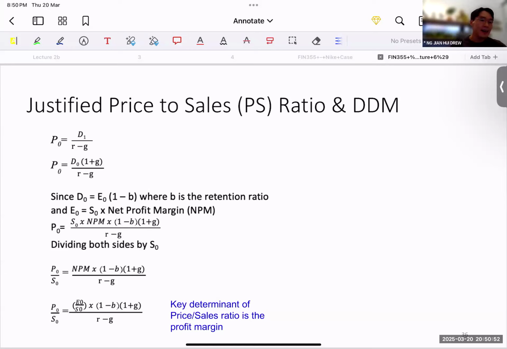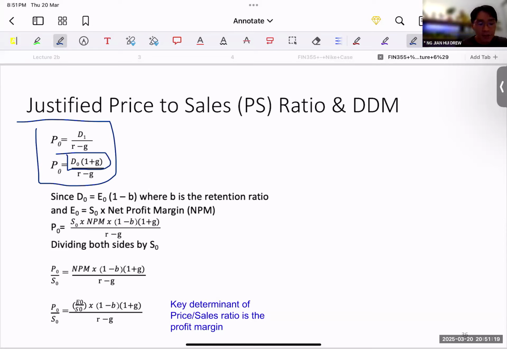So in the same sense, we like to determine the justified price to sales ratio. Our justified price to sales is derived from your DDM, the discounted dividend model. We know that D1 equals D0 times 1 plus g.